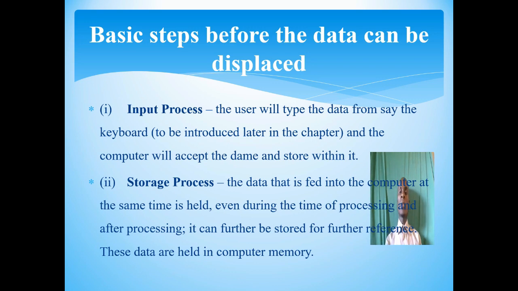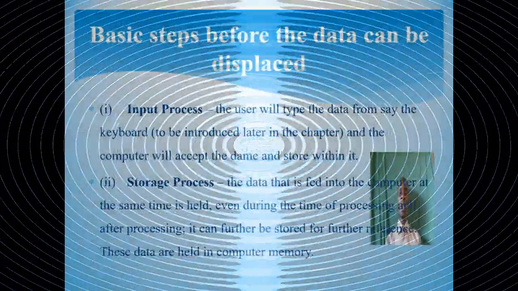Second step, we have storage. The data that is fed into the computer is held during the time of processing and after processing. So in the storage step, the data is stored for a period of time before it is processed.